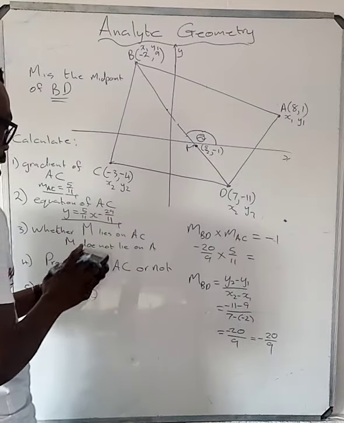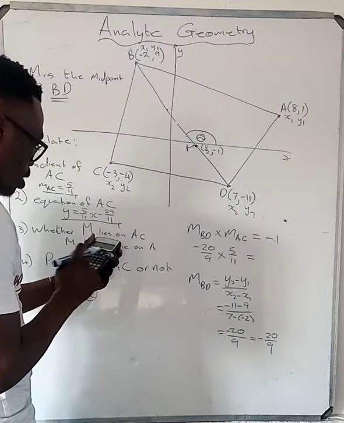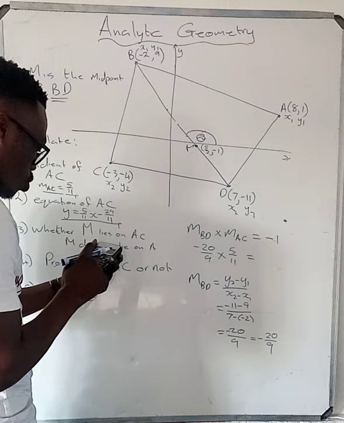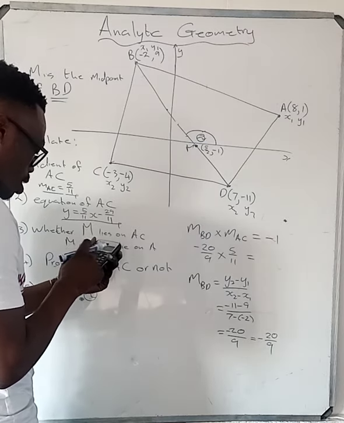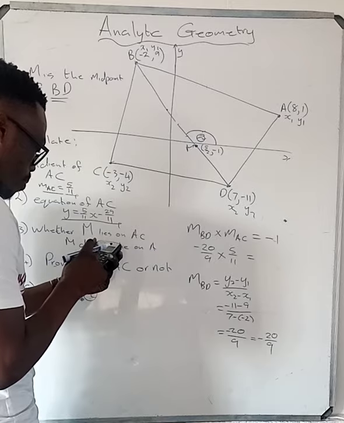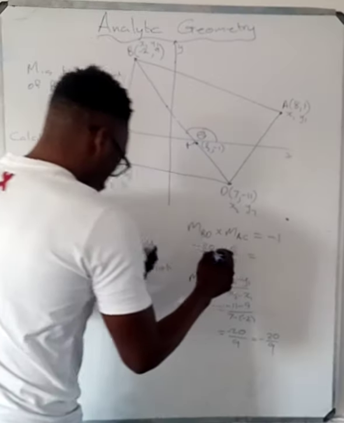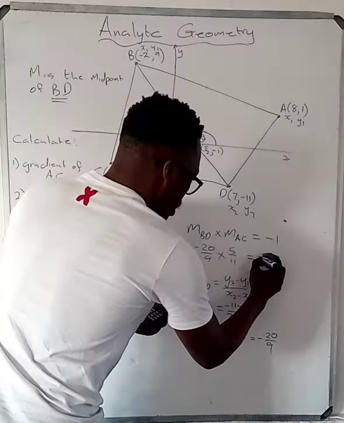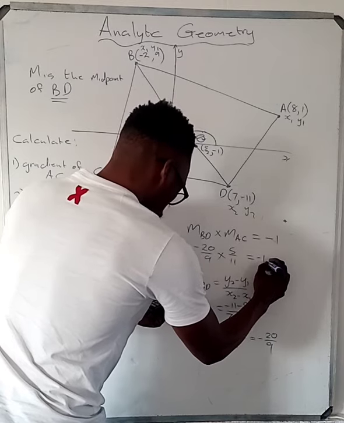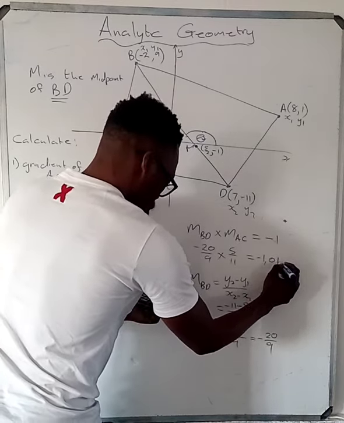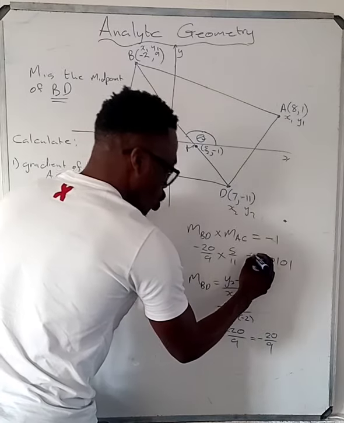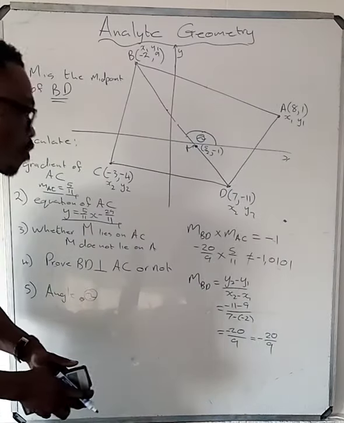That is negative 20 divided by 9 times 5 divided by 11, which is about negative 1.01, which is not equal to negative 1.